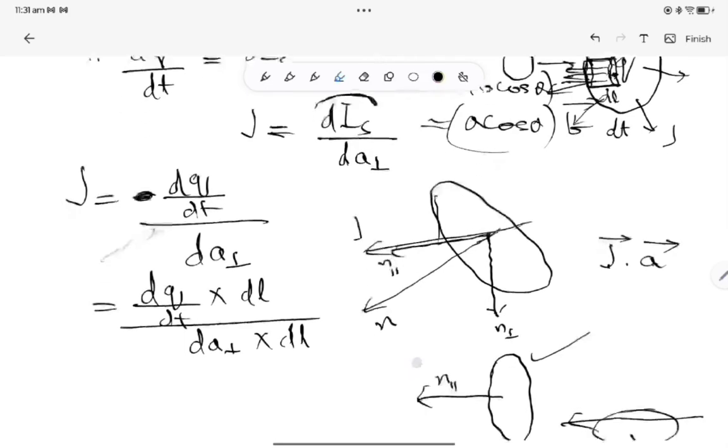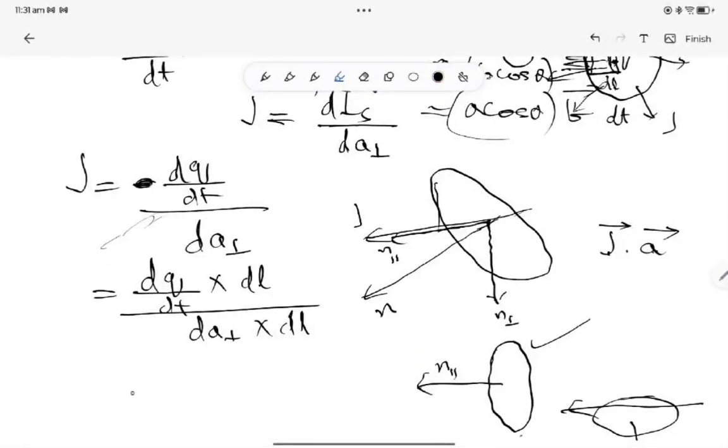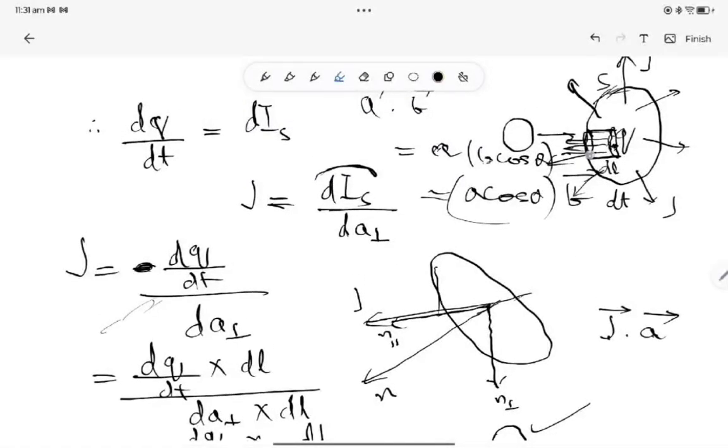Now we can do one thing with this equation. We can rearrange it and write it as dq into dl by dt divided by dA perpendicular into dl, that is volume. Area of cross section into dl is volume.